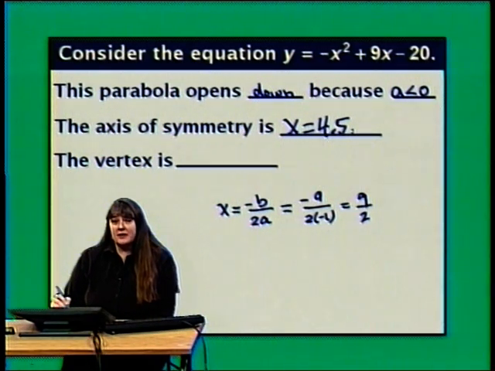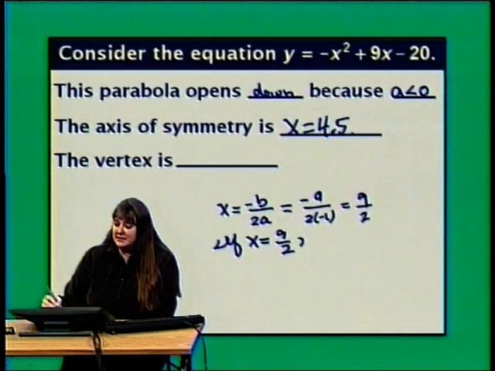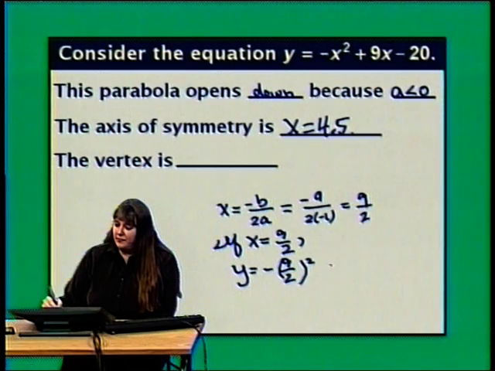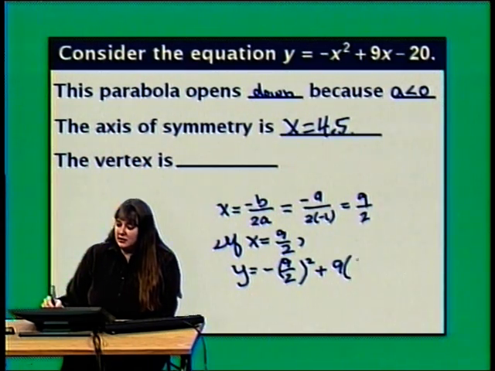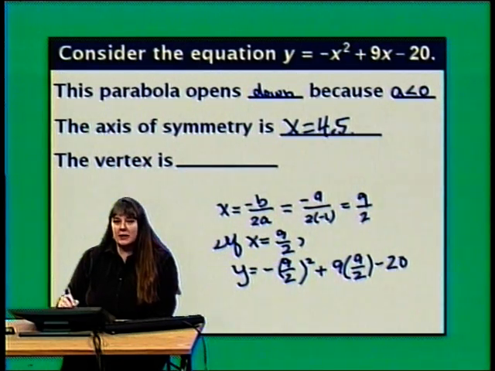What about the vertex? Well, we know the x-coordinate of the vertex is 9/2, or 4.5. We can go ahead and find the y-coordinate by substituting x equals 9/2 into our equation. So if x is 9/2, y is the opposite of 9/2 squared plus 9 times 9/2 minus 20.